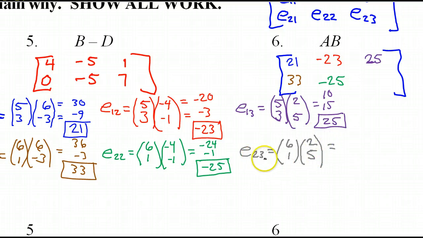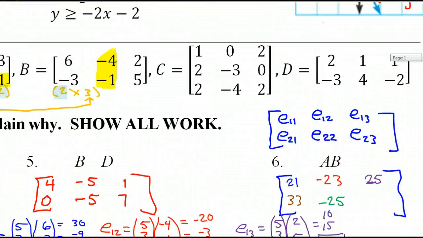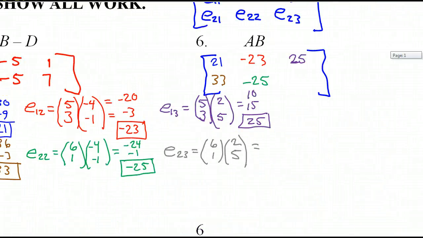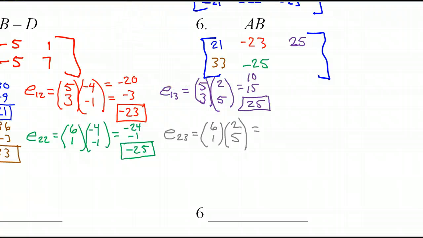But we're talking about row 2, column 3, so I could always look back here like I did the other times and talk about row 2 and then column 3. So 6, 1, 2, 5. Okay, but I already knew that. So that's going to give me 12 and 5, which is 17. So that is the final element. Okay, so that would be the answer to number 6, this matrix right here.